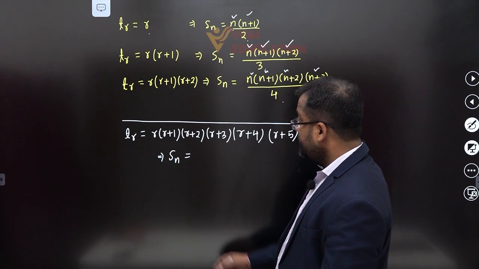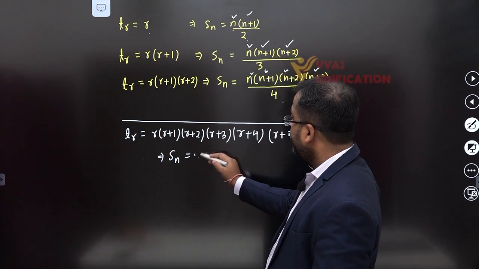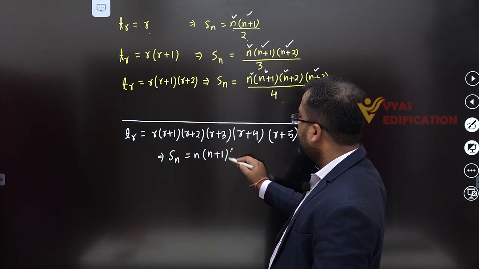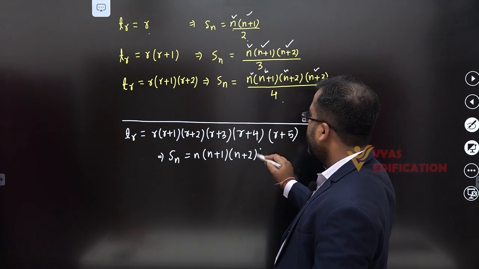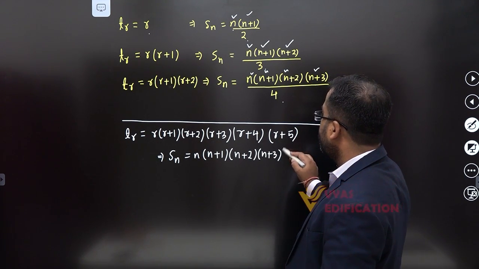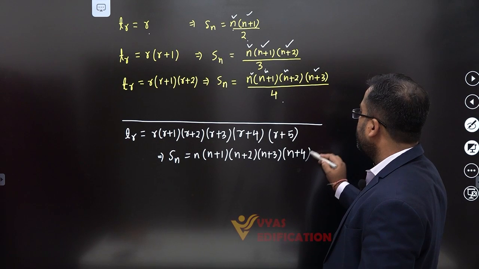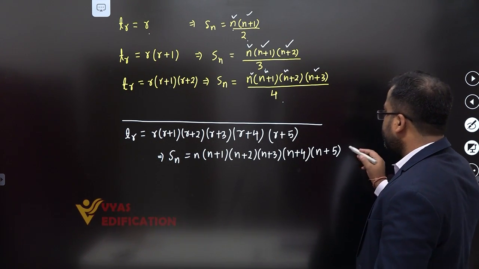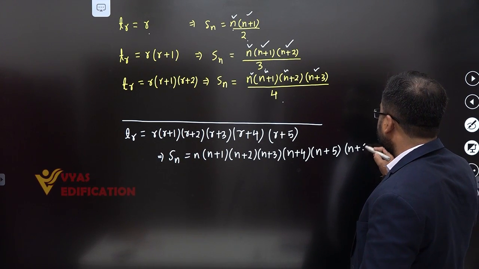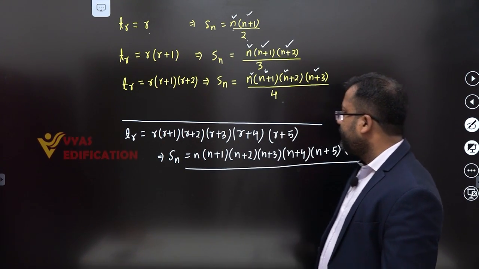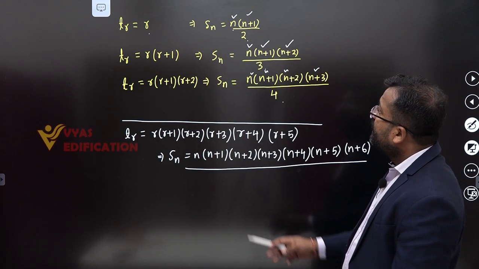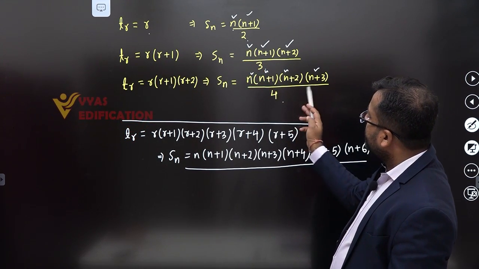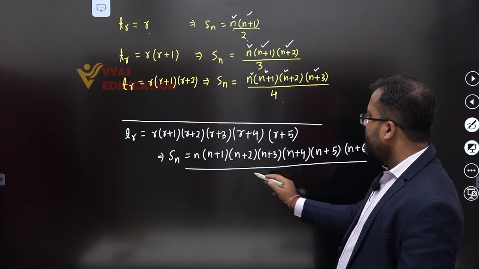Yes. So Sn will be, first write this, n plus 1, n plus 2, n plus 3, n plus 4, n plus 5, and next term, which is n plus 6, and divide by the number of terms: 2, number of terms 3, number of terms 4, similarly number of terms 7.